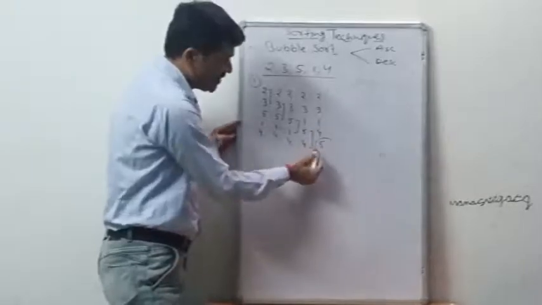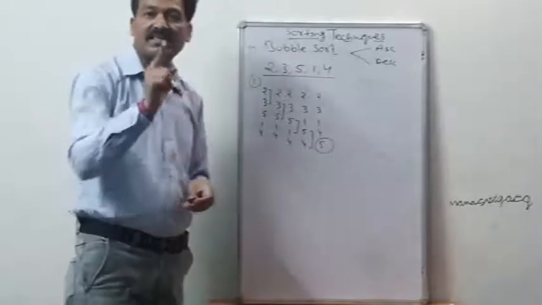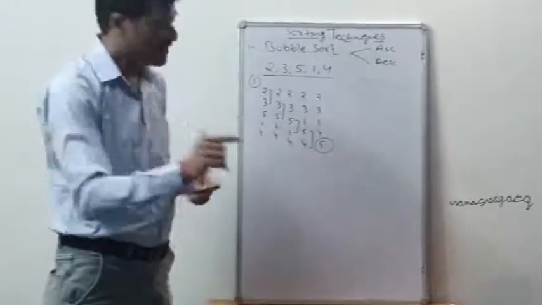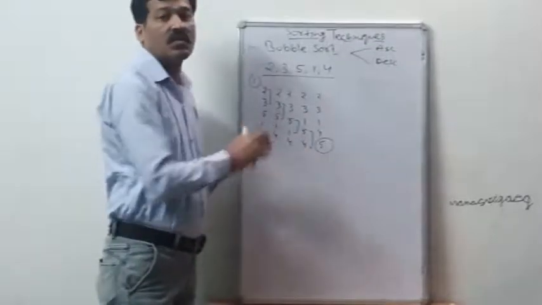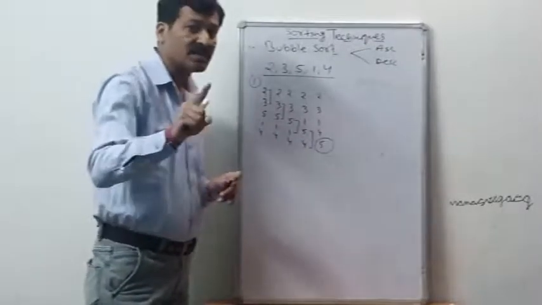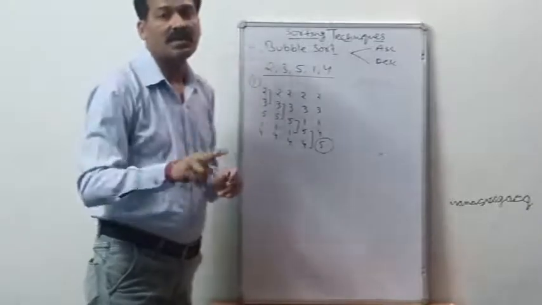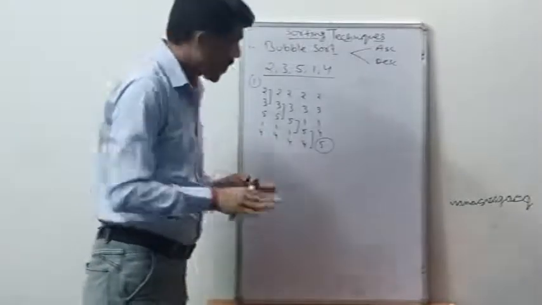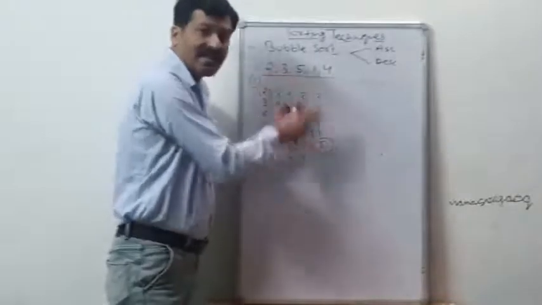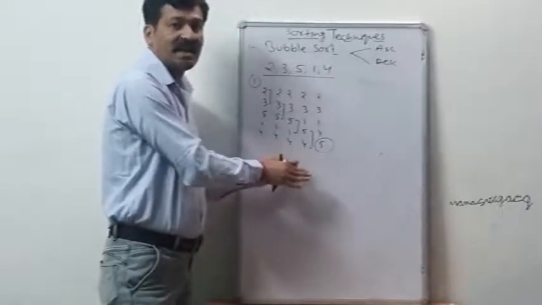Look at this element here. The greatest element of the list is placed at the end. This is the process by which bubble sort works with the swapping method. What we have done is swapped the greatest element of the list to the end.